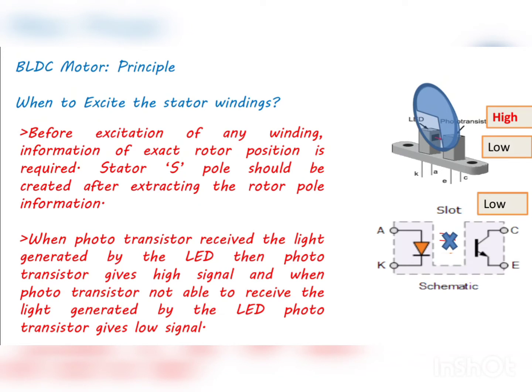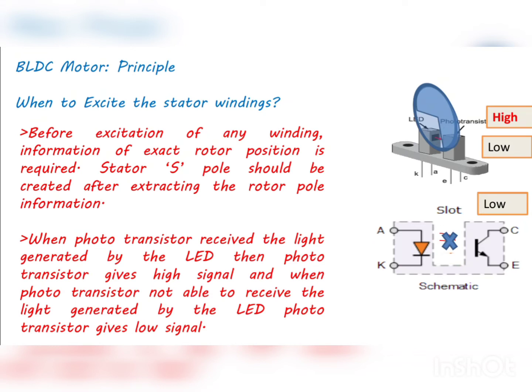Second, when to excite the stator winding. Before excitation of any winding, information on the exact rotor position is required. For that purpose, an encoder or optical sensor is used. In our case, a light source with a phototransistor is used to get the position of the rotor.